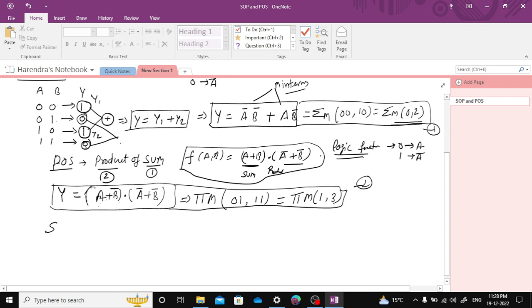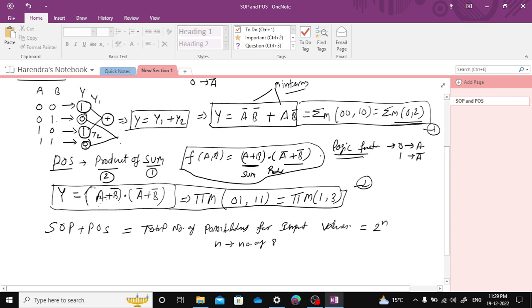So when we combine SOP plus POS terms, this is equal to the total number of possibilities for input signals or input values. Here there are 2 input variables, and the total number of possibilities for input values is 2 to the power n, where n is the number of input signals.